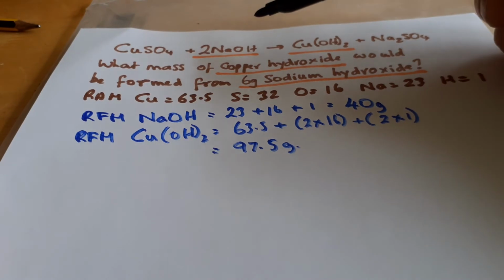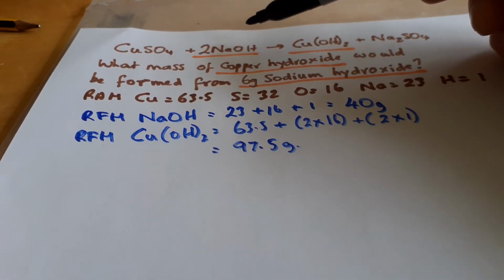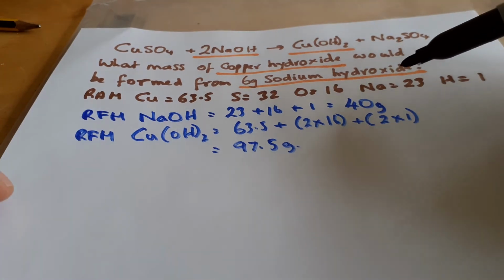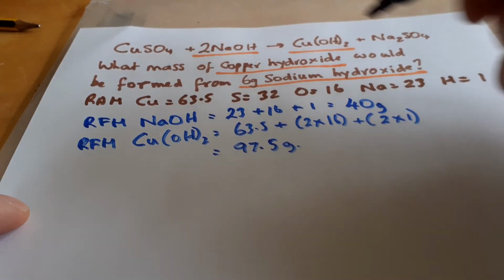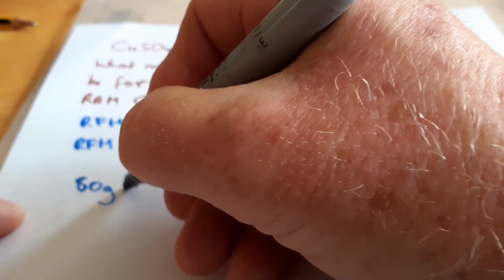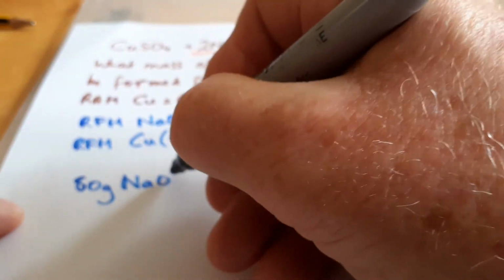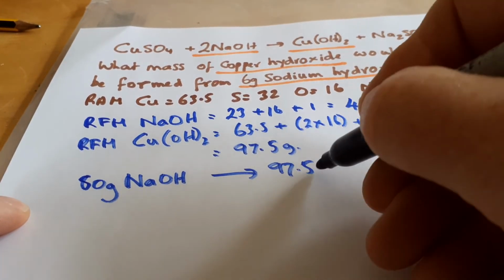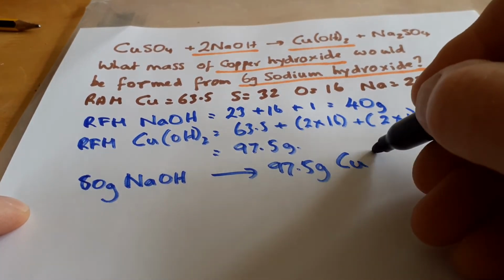If you look at the equation, and the reason I've chosen this is, 2 sodium hydroxide goes to 1 of copper hydroxide. So this means that 2 lots of sodium hydroxide, so 80 grams of NaOH, will go to 97.5 grams of copper hydroxide.